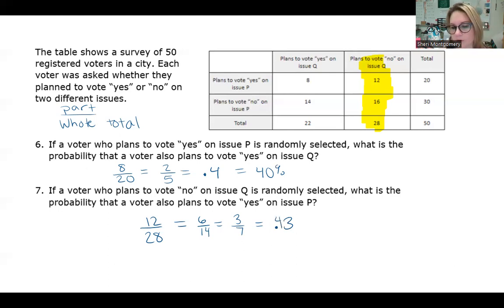Okay, 0.43. So that's the same thing as 43%. Is that what you guys got, the rest of you? Absolutely. Did anybody else get that?